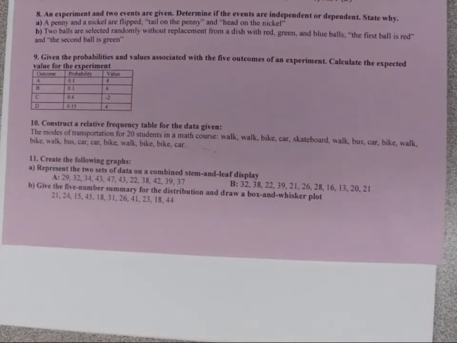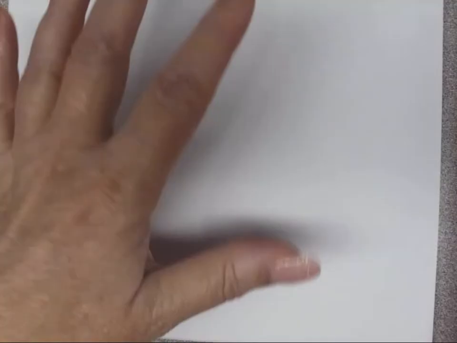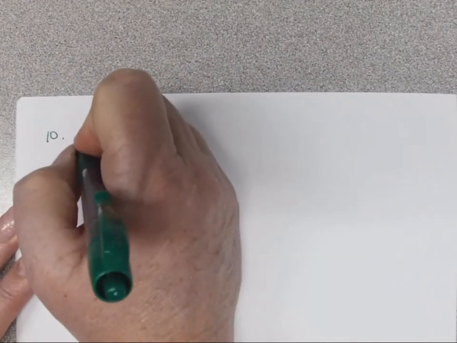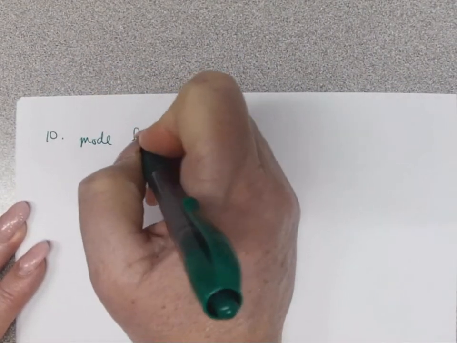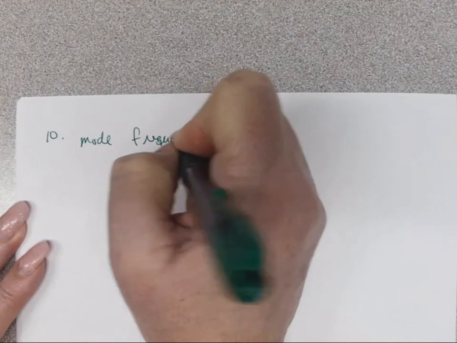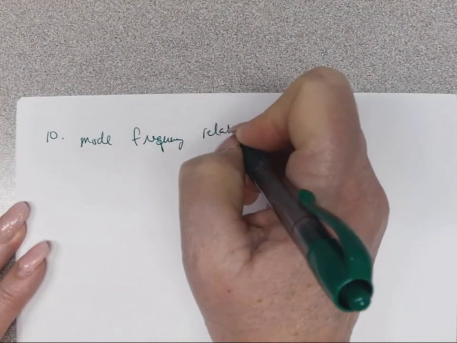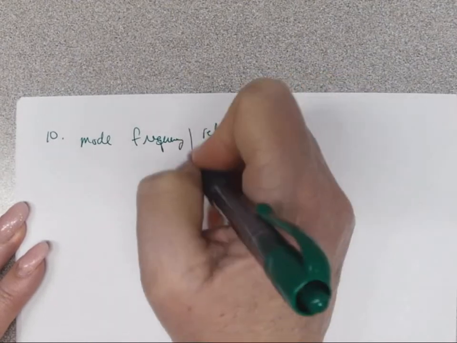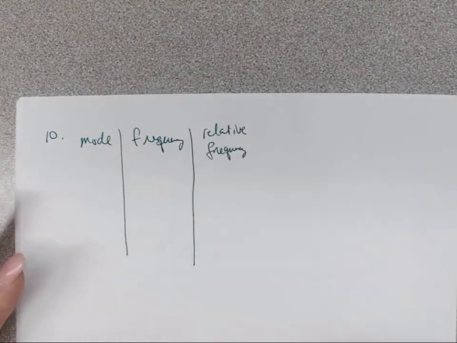All right, number 10. Construct a frequency table for the data given. We have the modes of transportation for 20 students in a math course, and we've got to figure out a frequency table. So the first thing we're looking at is the mode, the frequency, and the relative frequency. Relative just means how it's going to relate.